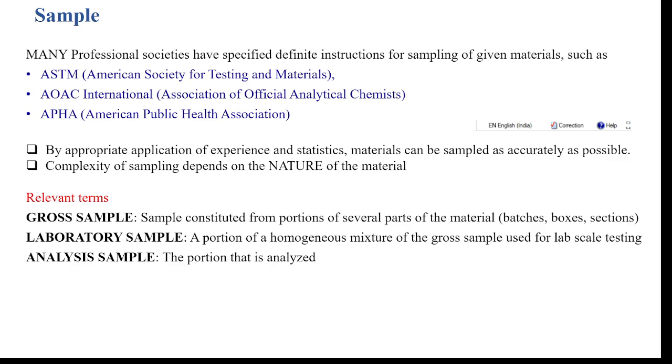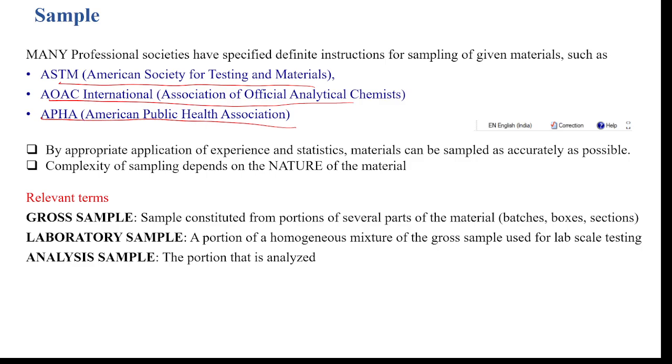Like in FTIR we use the pellet method. In UV we use the solution state, and there are many more depending on the instrument. So these societies decide what kind of sample preparation should take place for which instrument.